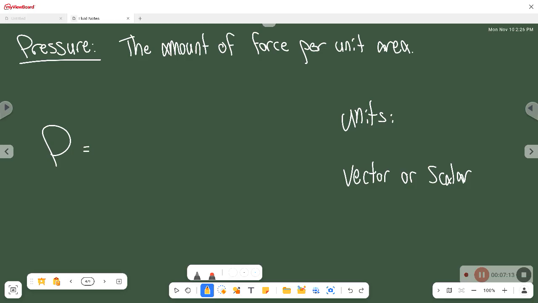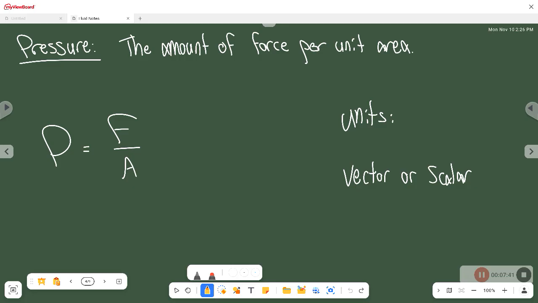When you push on something, your whole hand is applying a force to that object. So it's the amount of force that you're applying over the area of your hand would be the amount of pressure you are applying. So given that, we use this general equation for pressure. Take the amount of force you are applying and divide it by the area over which that force is being applied. Okay?